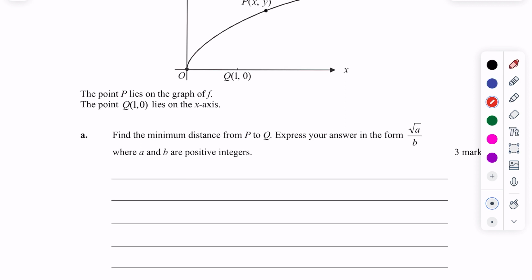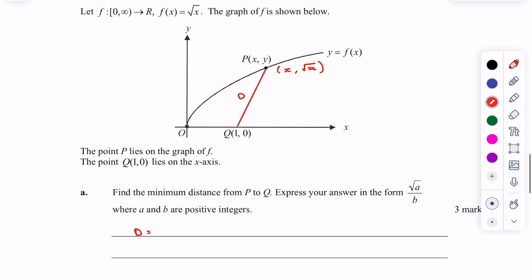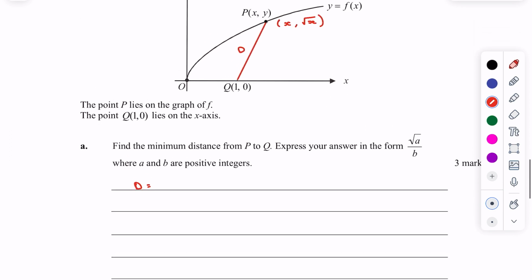Okay, so we're looking at the distance between these 2 points. I'm going to call that D as an expression. One thing that I might do here is I might write that as square root of x, because that's what f(x) equals. And then we're going to use our distance formula here.